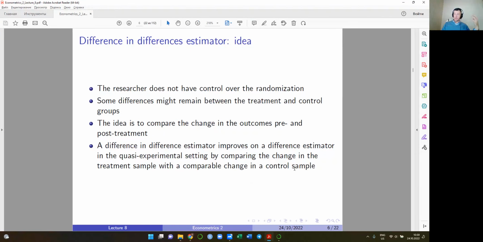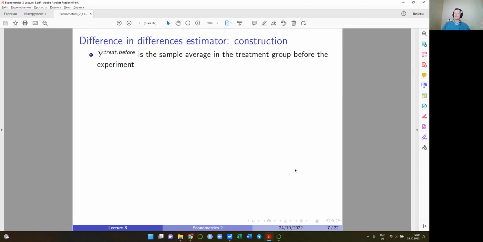And it gives us, in such cases of natural experiments, a better and more reliable outcome, because a simple difference estimator is not applicable here. So let's see how this estimator is constructed. It is very simple and very logical. You can estimate it with about 4 steps.